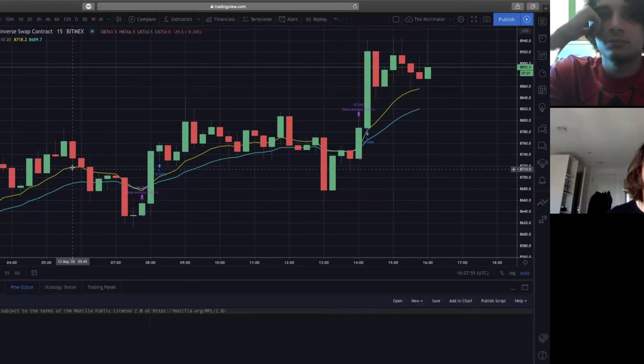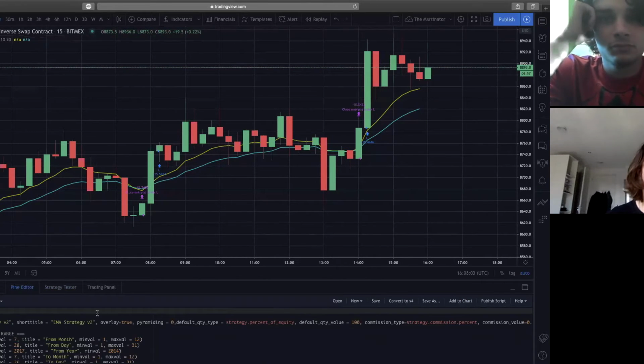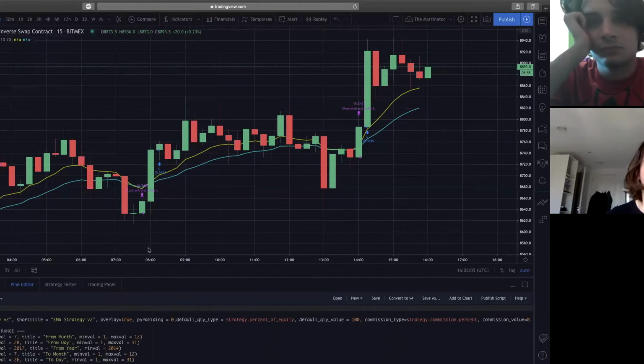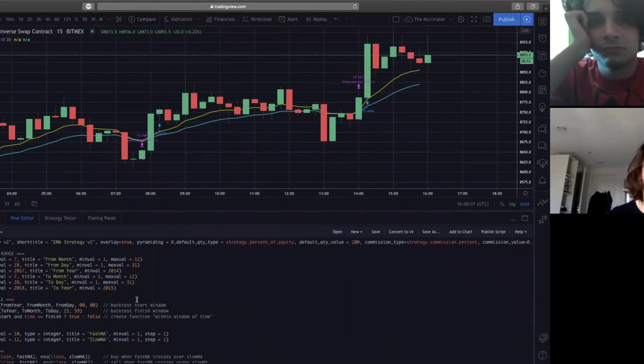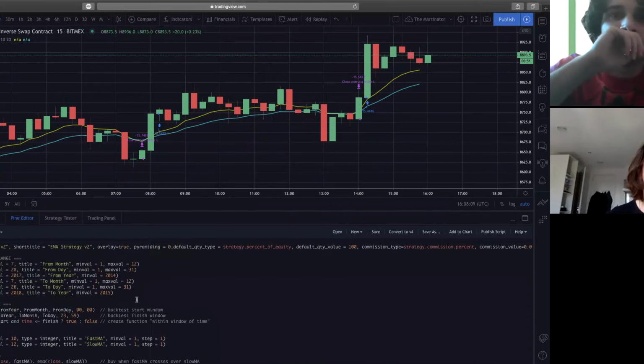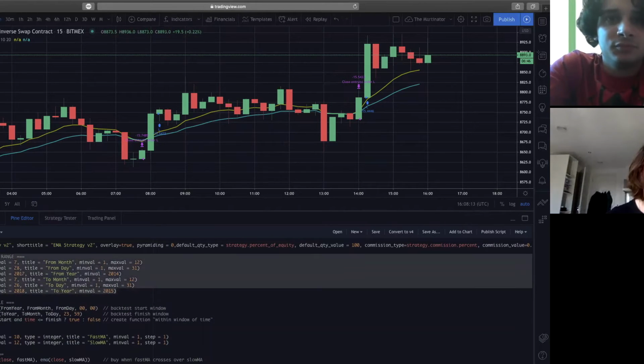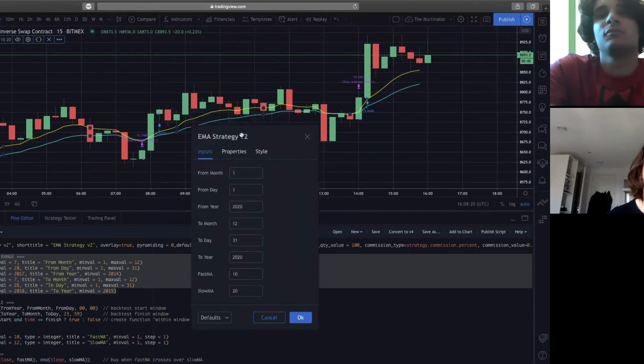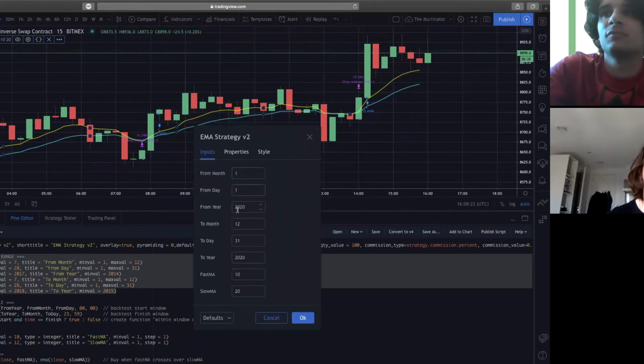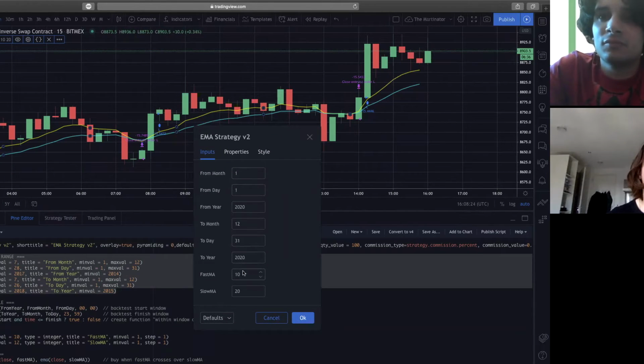It uses the so-called Pine script, which allows you to code your own strategies. For example, in this example, you can see your input. You can make input for the user, let's say. So you have all the options here for start date, year, and so on, till the end, and the indicator values.